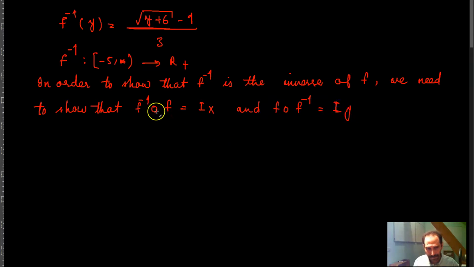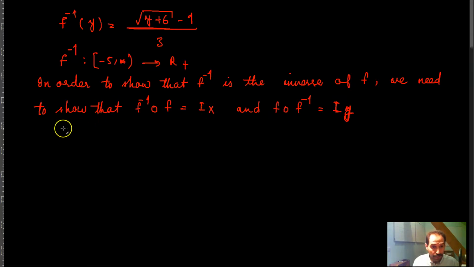Meaning that the inverse of the function composed with the function itself is equal to the identity function on the domain of f, and the original function composed with the inverse is equal to the identity function on the codomain of f.